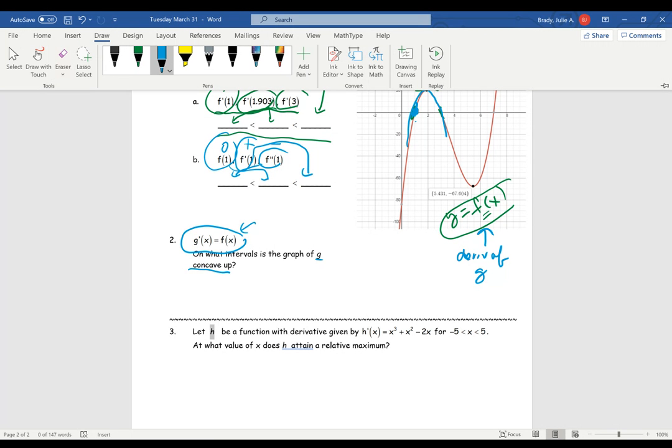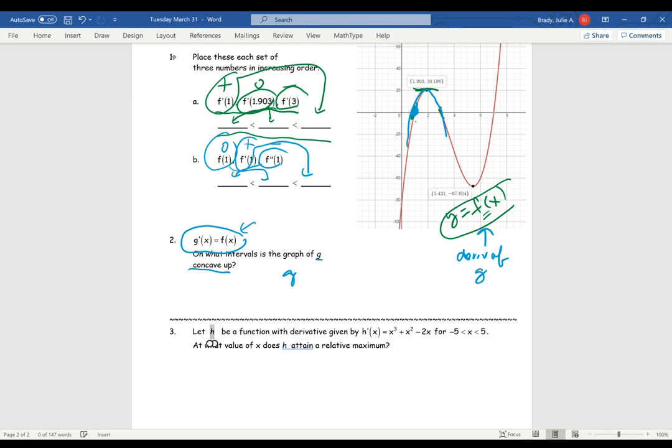Okay, so let's see. g is concave up when g prime is increasing. And increasing, decreasing, positive, negative, you can look at in the graph. So this is the graph of g prime. Up to here, it's increasing, and then up to here, it's increasing.